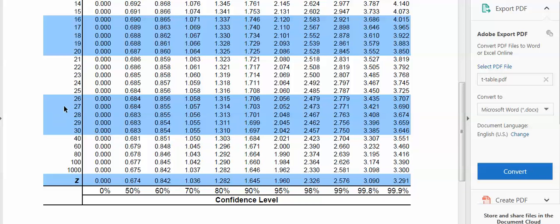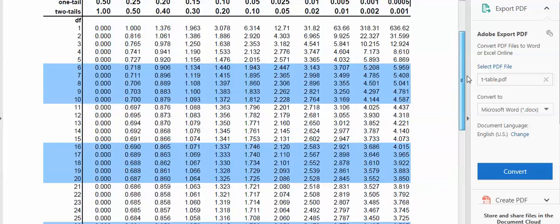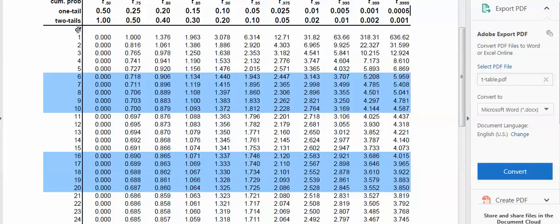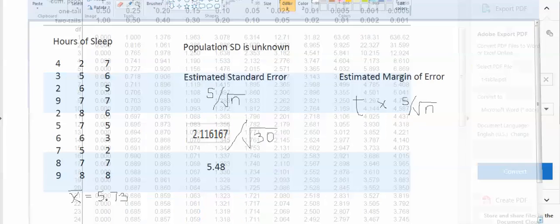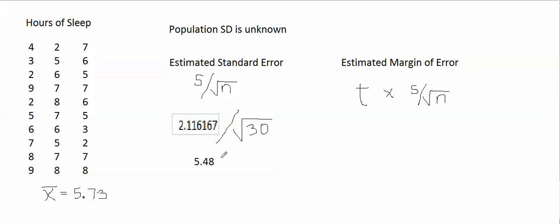And I'll explain what these row numbers mean over here. The title of this column right here is DF. I need to explain what DF means. DF is just the n-1 that's used in the sample standard deviation formula.